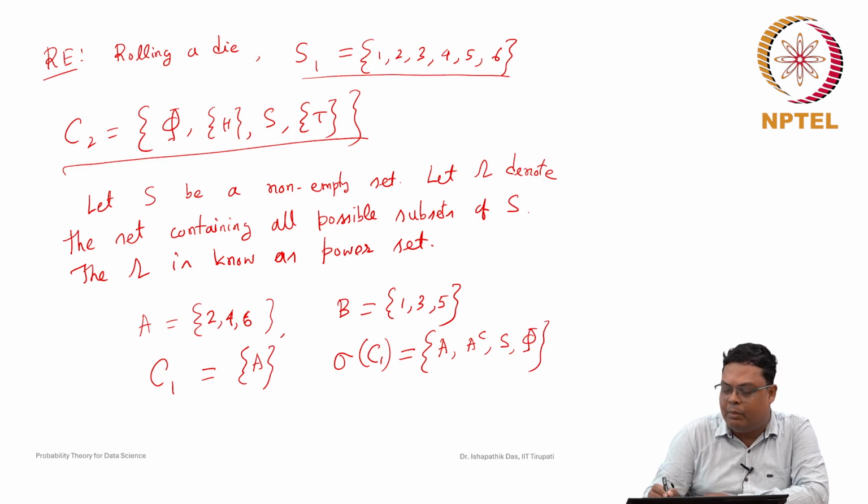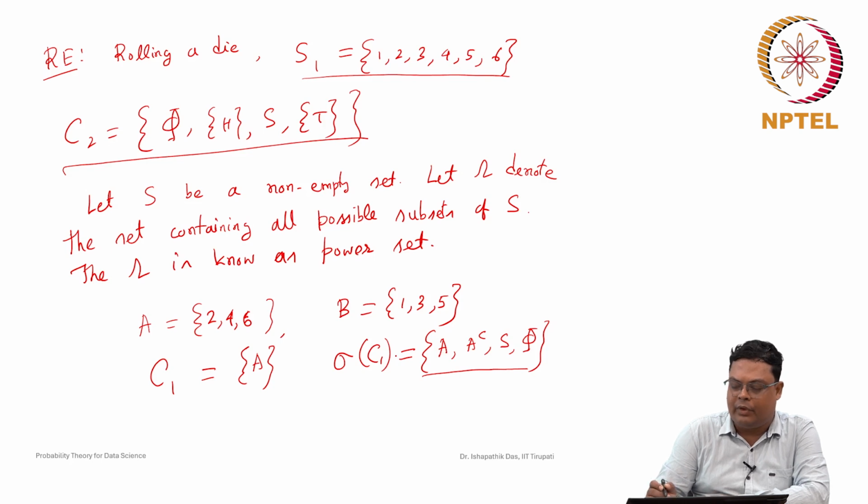You can add more sets also, but this is the smallest sigma field generated by C1, because if you remove any of the elements here, then it will not be a sigma field. So A complement is nothing but B, and the sets A, B and so on form a sigma field.